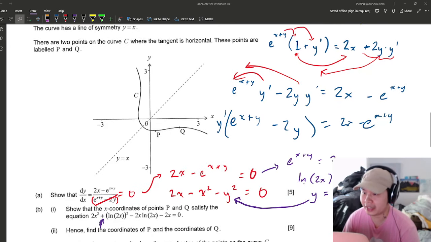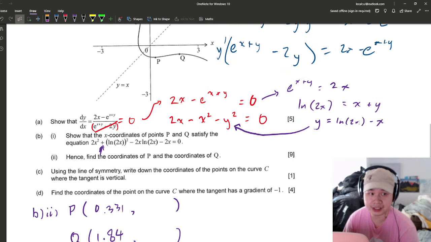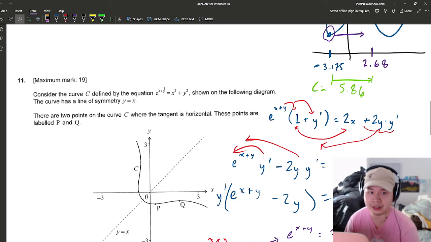However, I can use this equation to calculate y because this equation specifically came from information about P and Q. P and Q will always have this equation as true. This means their tangents are horizontal. So I can use this equation to calculate y specifically for P and Q. If I gave you another random x value, you would not be able to plug it in and get the y value. You'd have to plug it into here for x and then use an equation solver again to solve for y.